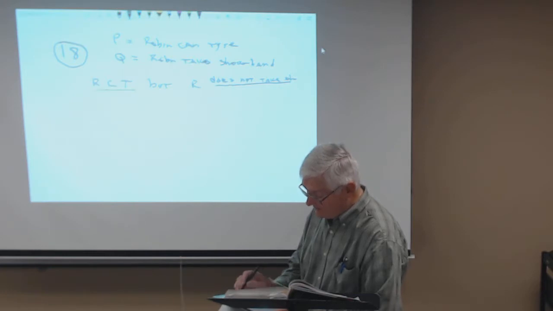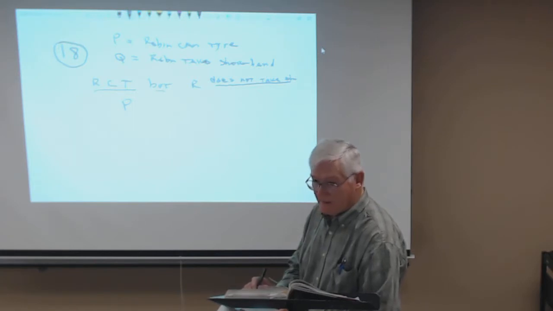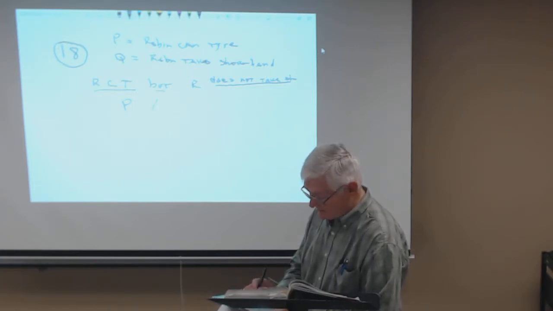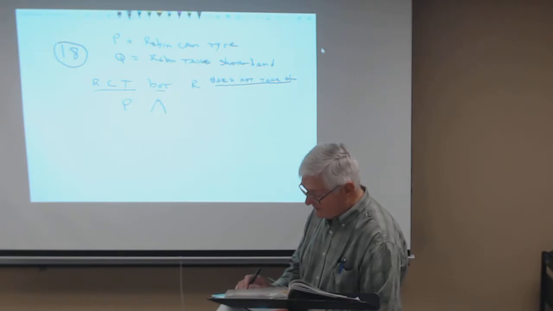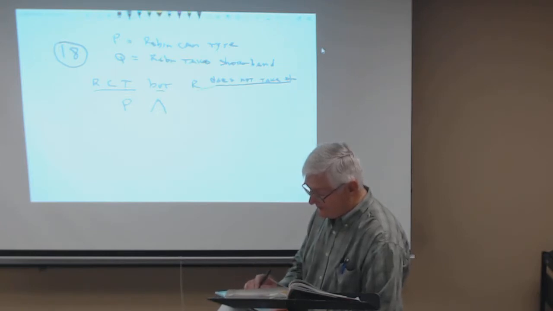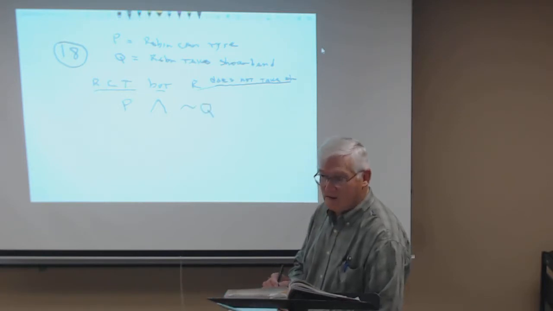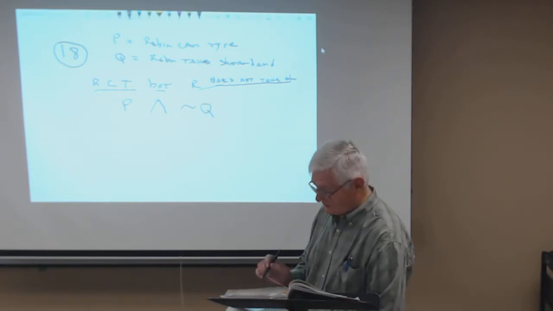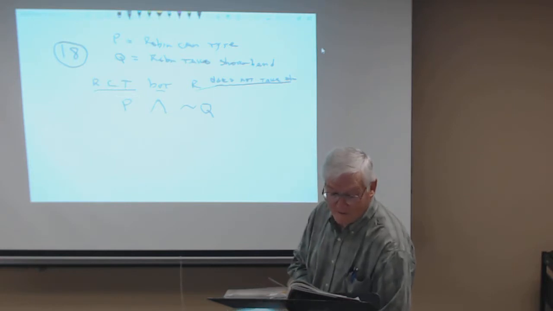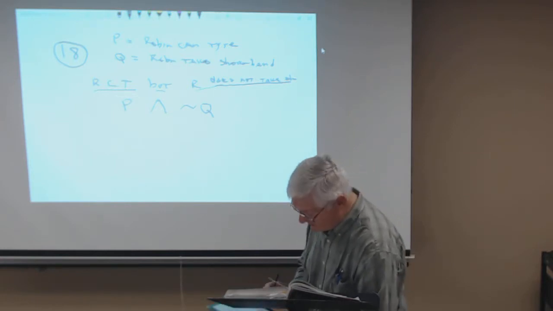Robin can type is P. Agreed? But is what? And. Robin does not take shorthand would be squiggly Q. Everybody follow that? Squiggly Q. Good.